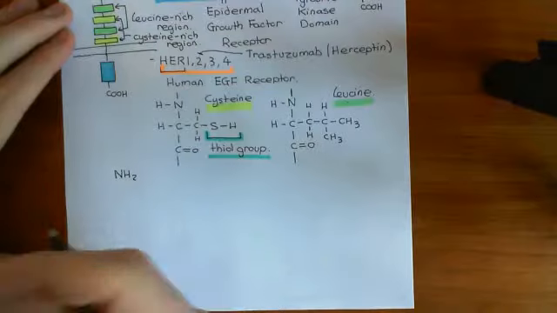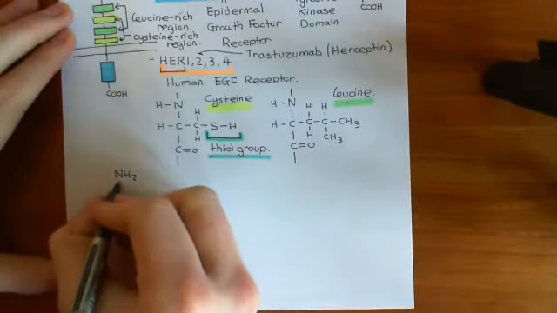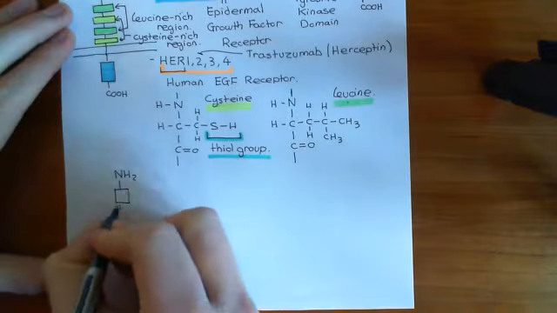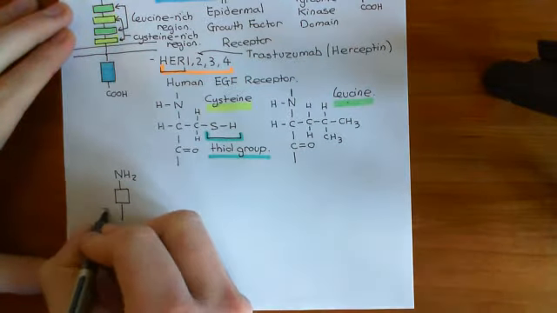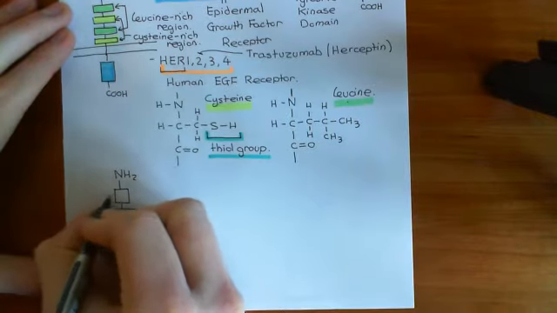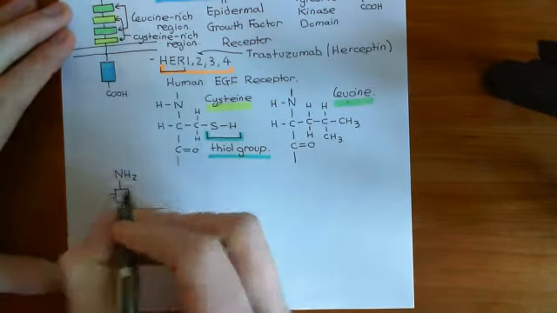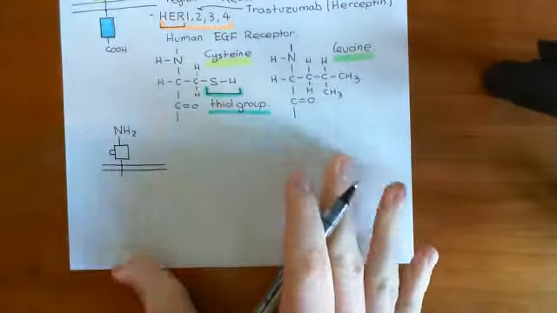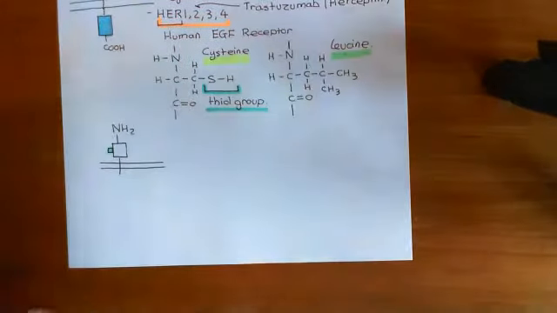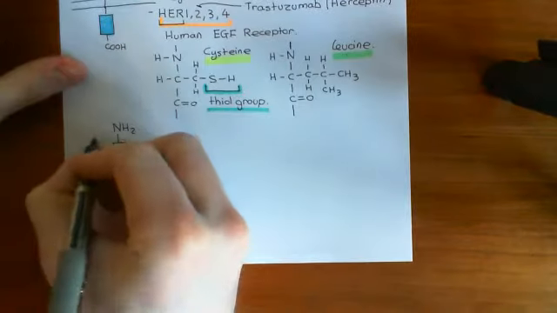So what's now going to happen then is we are going to stimulate our cell with epidermal growth factor, which is a peptide ligand. So what's going to happen is the epidermal growth factor is going to bind to the ligand binding domains of all 4 of these types of ErbB receptor. So here is the epidermal growth factor, let's say, in turquoise here.